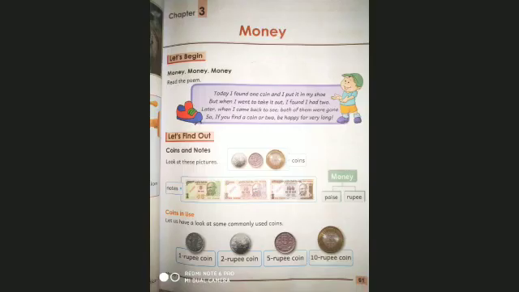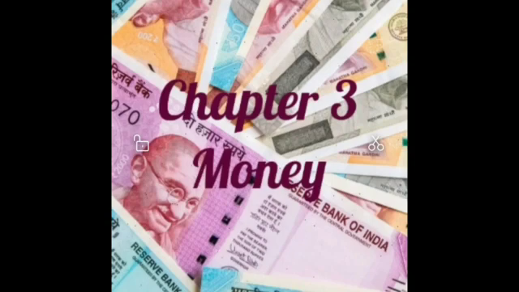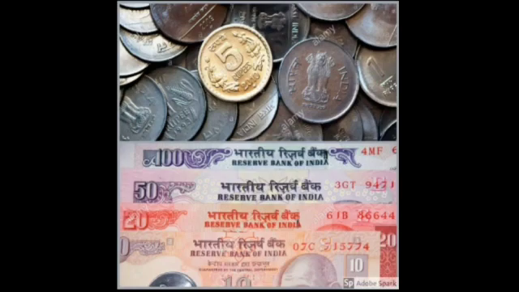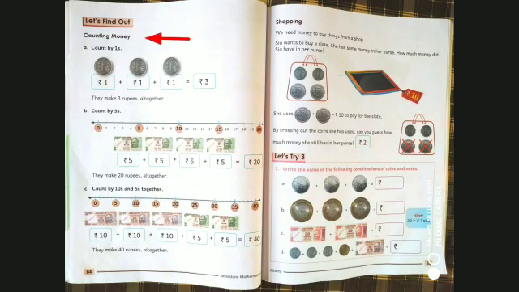We will continue chapter 3 Money. Till now, you have learnt about currency notes and coins, counting money and shopping. And today we will learn to compare rupees and add the coins.